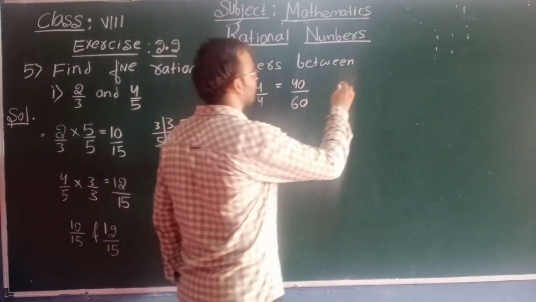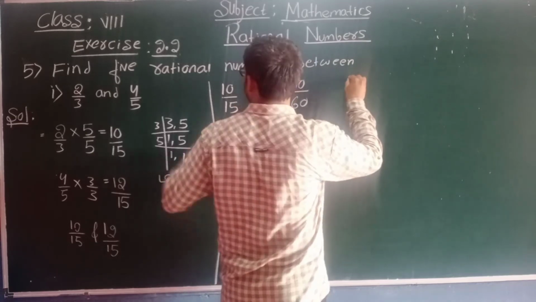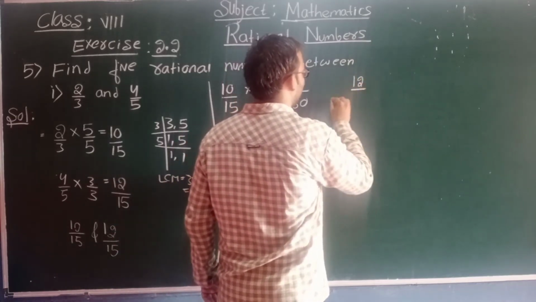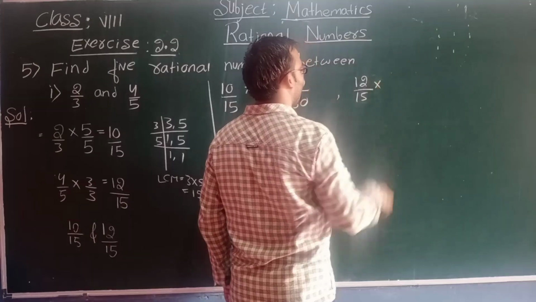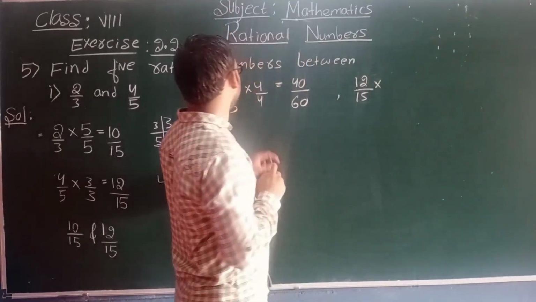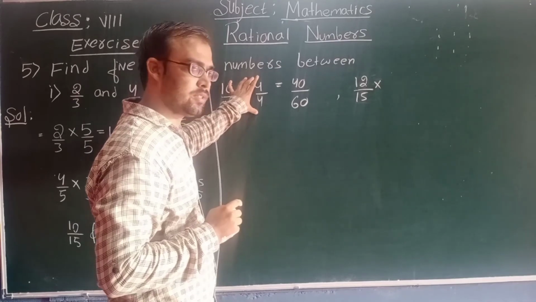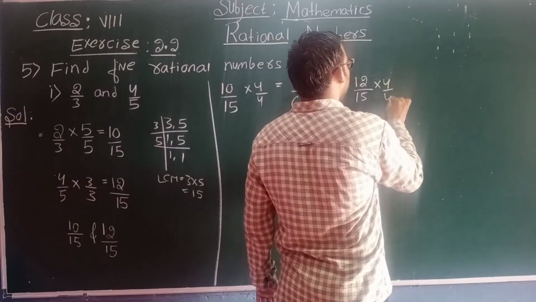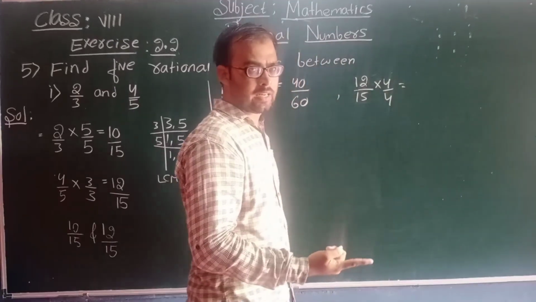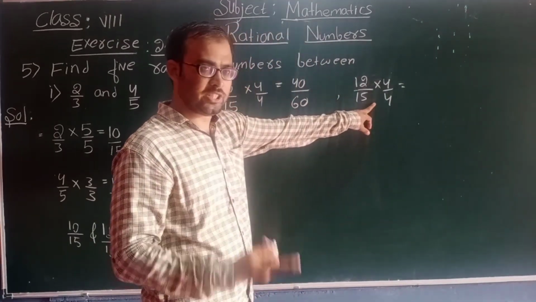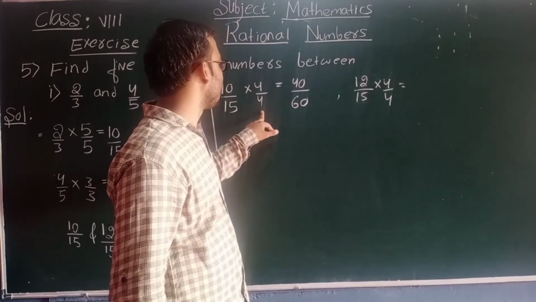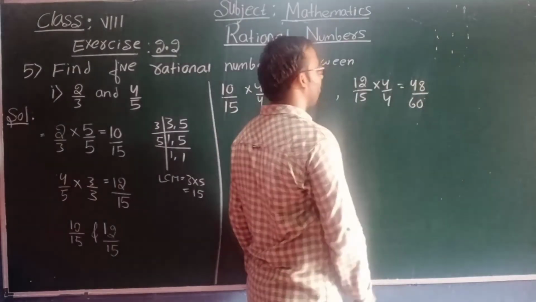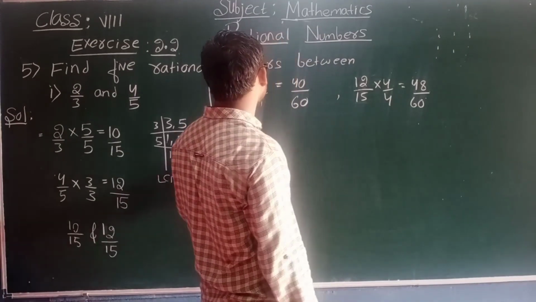Now take the next number, 12 by 15. If we multiply 4 by 4 here, then here also we need to multiply 4 by 4 only. Why? Because if we multiply by another number, then the denominator will change. So 15 4s are 60, here also 15 4s are 60, 12 4s are 48. Now what have we got?